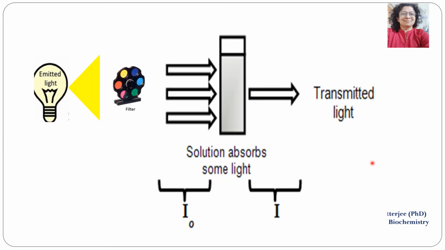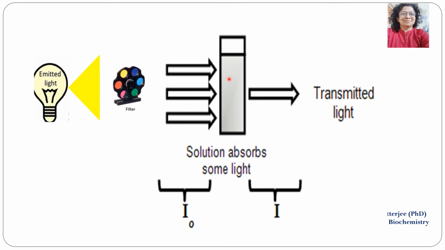So whatever light is being emitted, first a monochromatic light is chosen depending upon the color of the solution. And then when these monochromatic light rays fall on the solution, this light is known as I0 or the incident light.